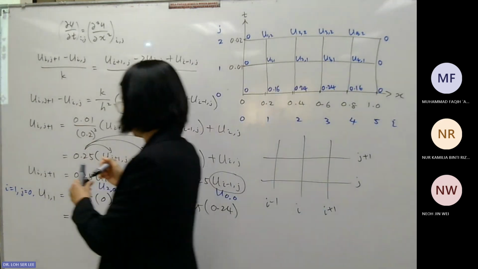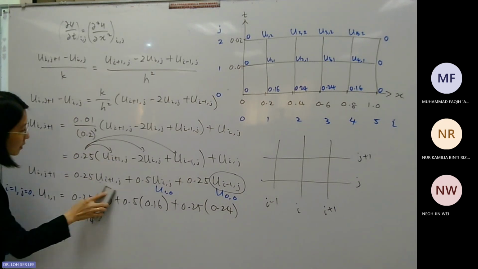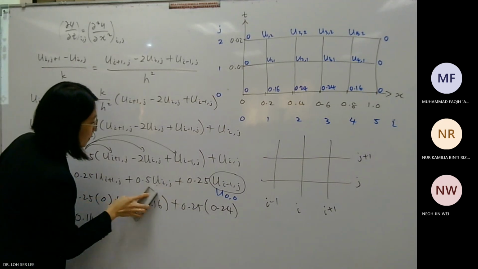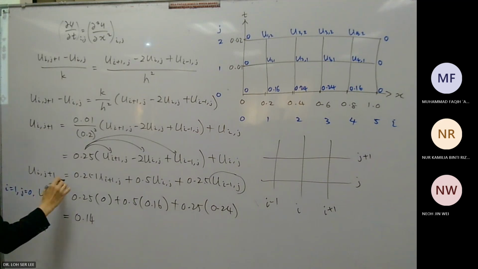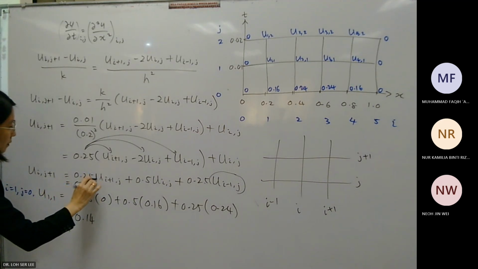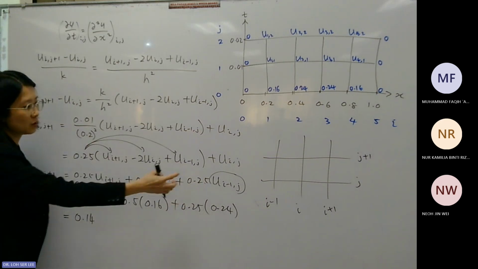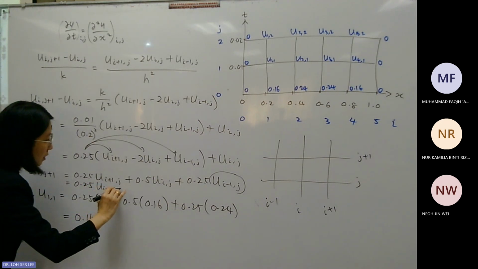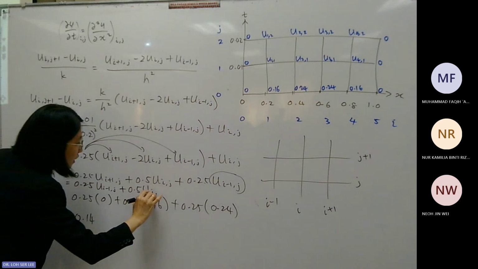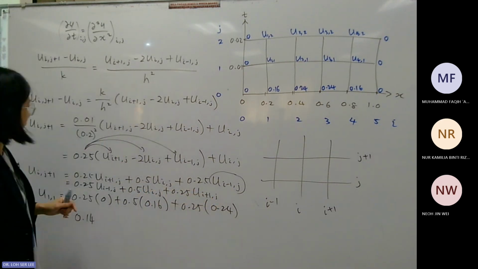Okay, so here we make one more line. Among these 3 U, this one first, U i minus 1, j, plus 0.5 Uij, plus 0.25 U i plus 1, j.